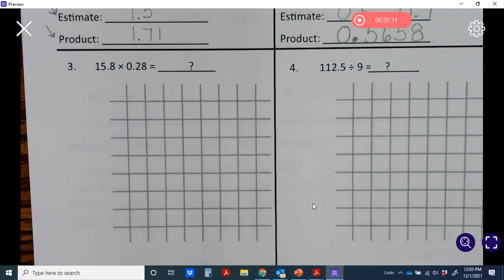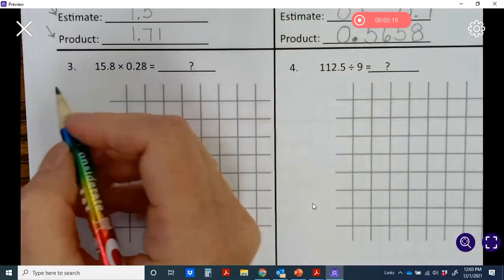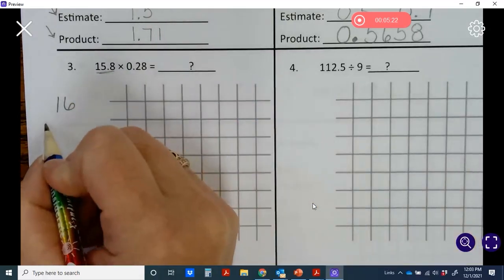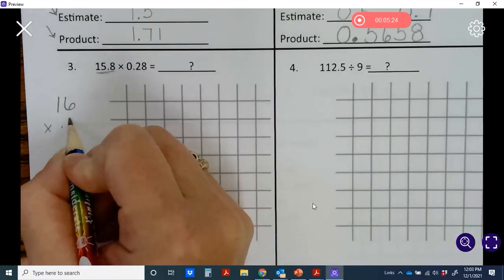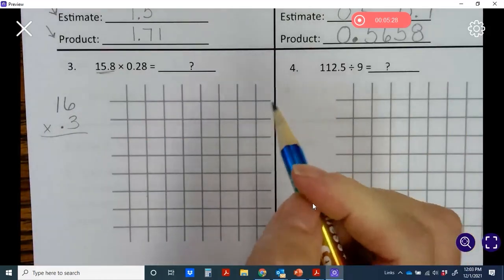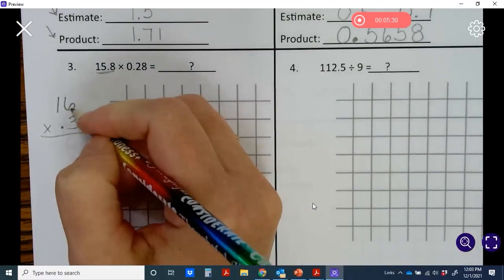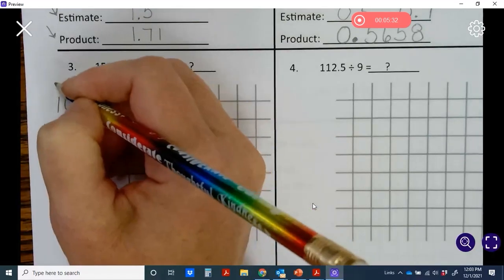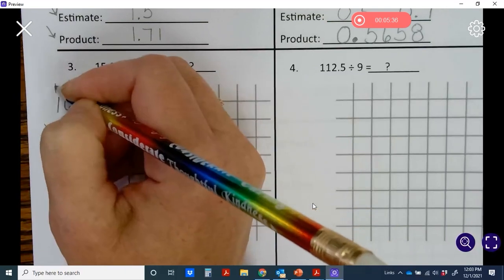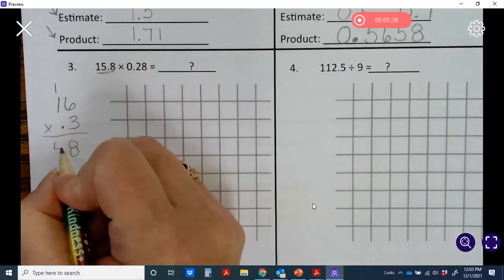All right, let's see here. What are we going to do? I guess I would round this to 16. And I guess just 0.3 would be fine. Not quite the estimation, but 3 times 6 is 18, carry the 1. 3 times 1 is 3, plus 1 is 4.